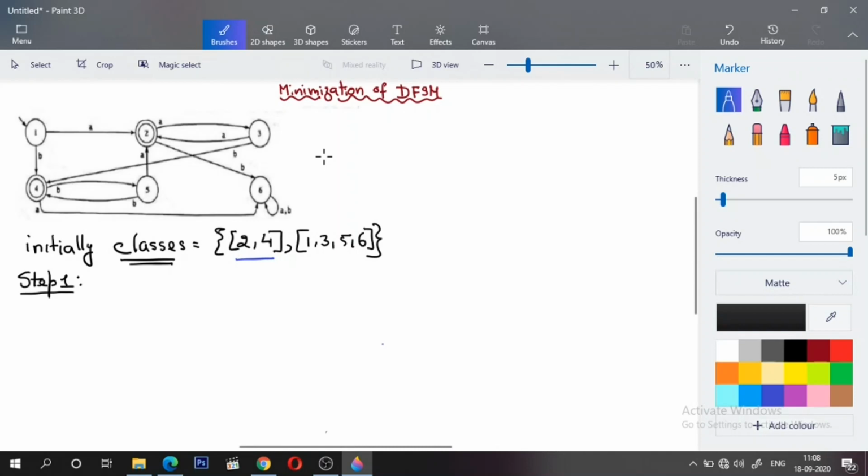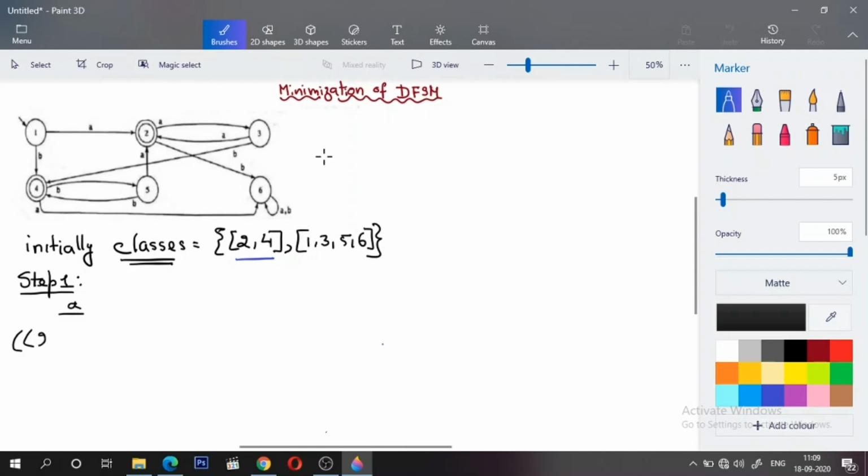Okay, so how to do it? What are the various alphabet symbols? We have A and B, right? So first let me check for A. Okay, so what I do is I'll consider each and every state in my class. So first let me take the class of accepting states. I have 2 and 4, right?